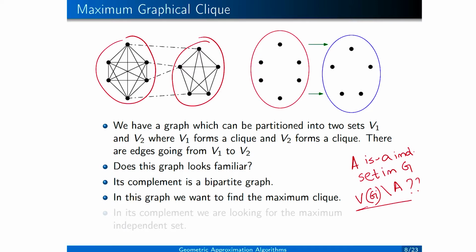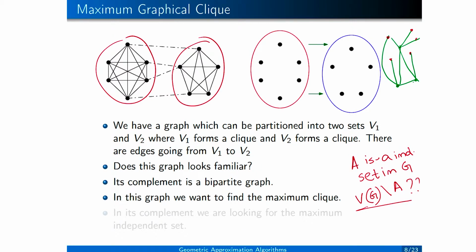So, all the edges we have. This is an independent set, that means there is no edge between them. So, all the edges are of the form: suppose the independent set is red and all the other vertices are green.